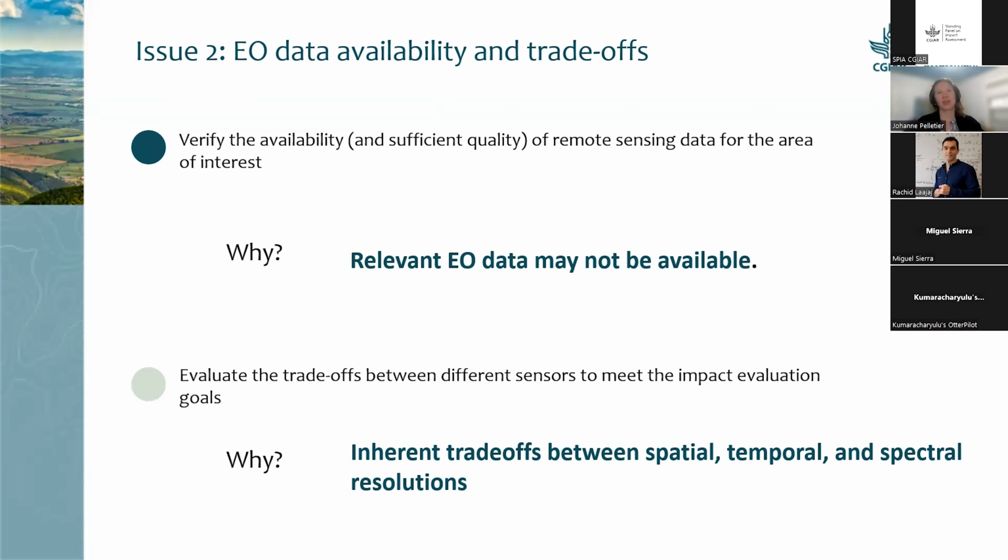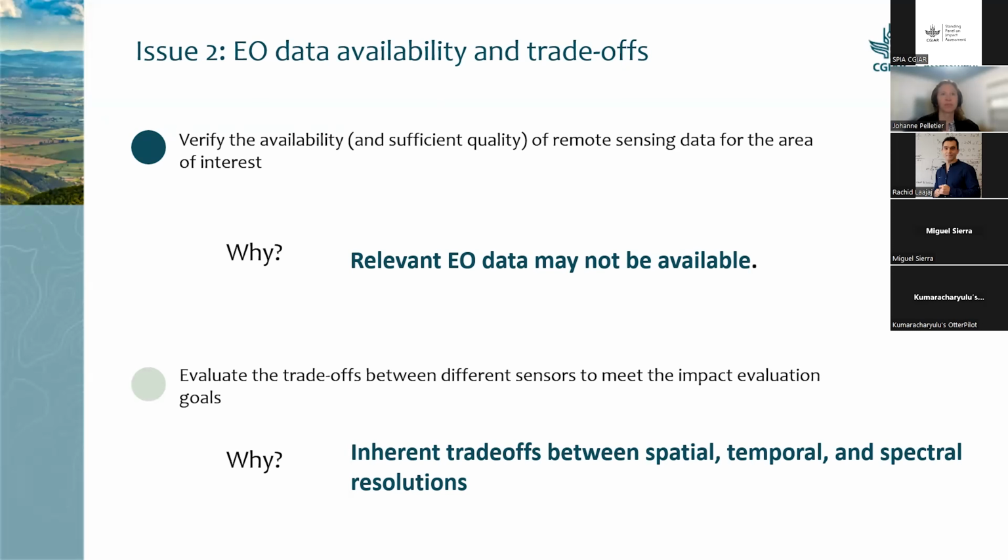Another set of challenges is related to, for example, if your project assesses that there's no off-the-shelf product that exists and that's suitable for your goal, then you can look at trying to build your own product. One challenge in doing that is what Earth observation data is available, and looking at the trade-offs.